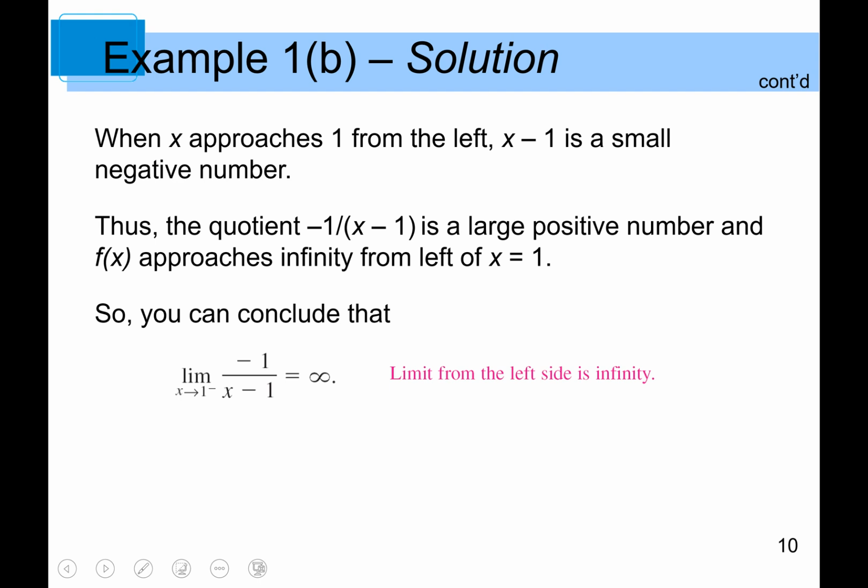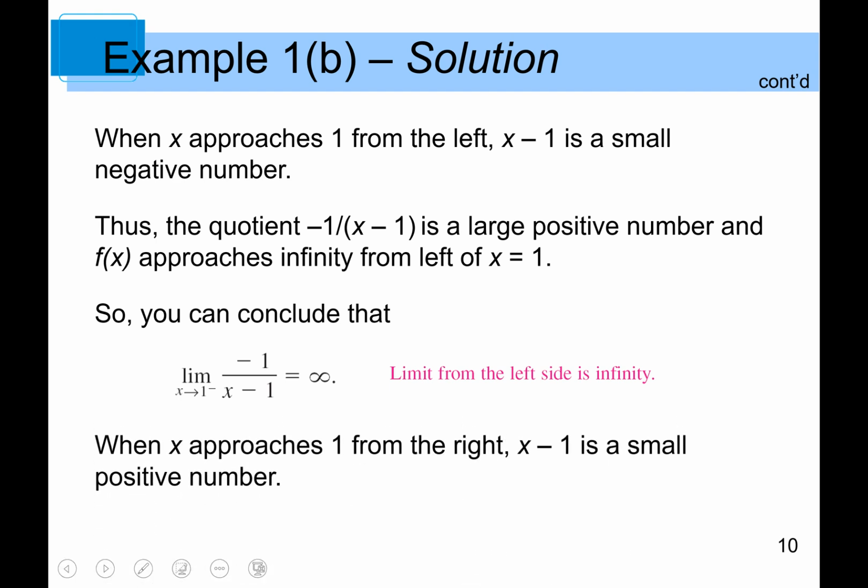Similarly, for the second example, the quotient of -1 over (x minus 1) equals positive or negative infinity, right? From the left hand side it's positive infinity, and from the right hand side it's negative infinity.